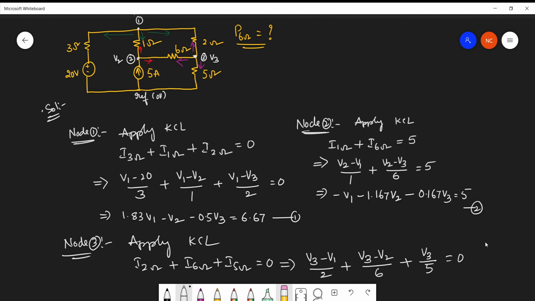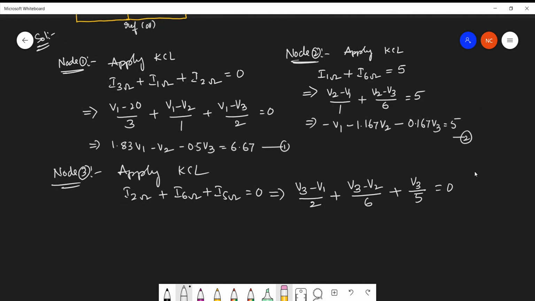Now if we solve this equation, we get minus 0.5 V1 minus 0.167 V2 plus 0.867 V3 equal to 0. Call it equation 3.